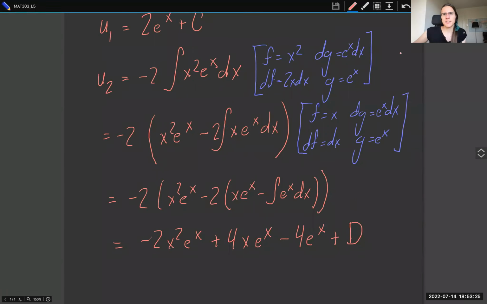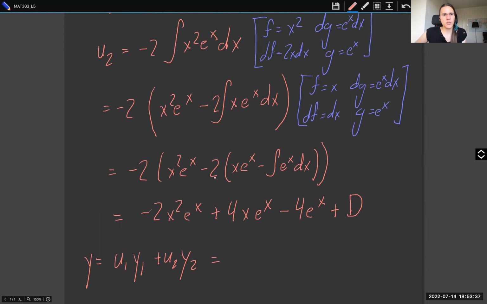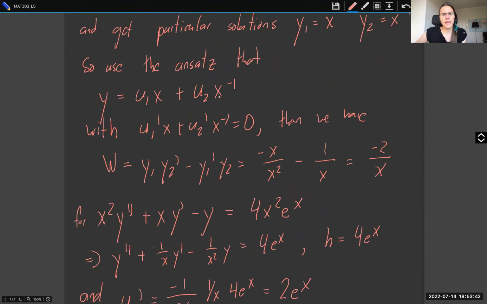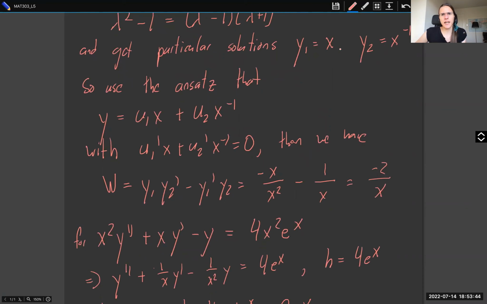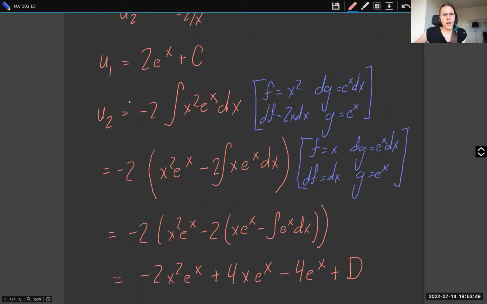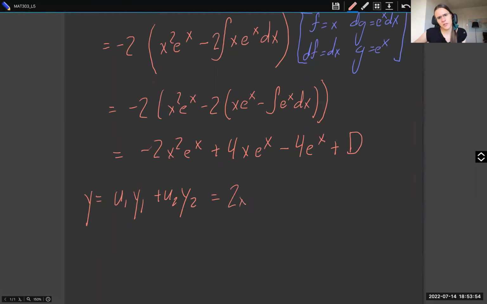Okay, so what do we get as a result? We get that y is equal to u1y1 plus u2y2. And that's going to equal, u1 is x, y1 is x, y2 is x inverse. So this times x, 2x e to the x. And then we get this times 1 over x.